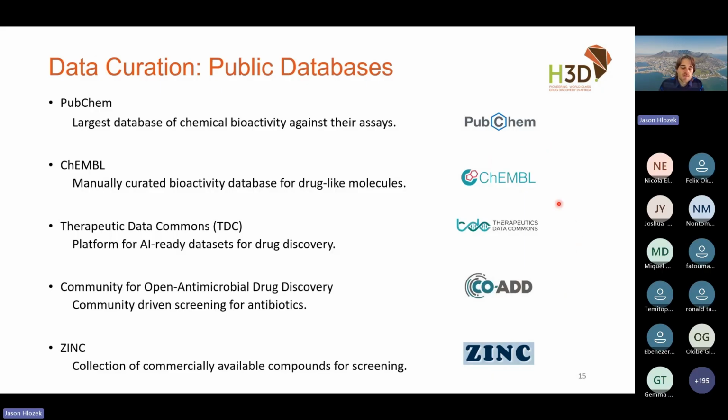So a good first port of call is the ChEMBL database, and we'll see a lot of that in this workshop. But there are definitely others. So CO-ADD, for example, does a lot of work for the ESKAPE pathogens. Therapeutic Data Commons have some data sets that are also used as a benchmarking set. And so these are good sources to find your initial set of data.